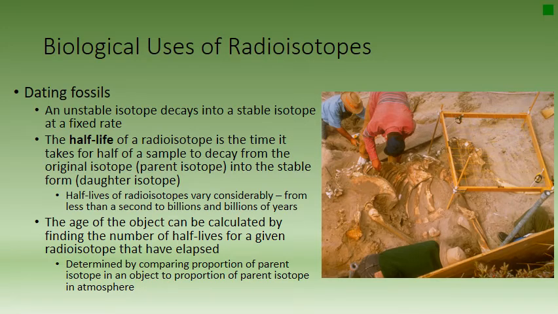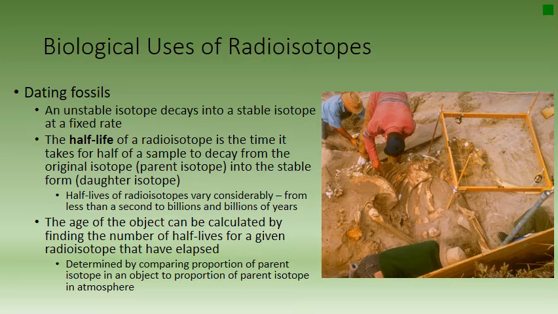What's the importance of isotopes in biology? Well, there are two biologically important uses of radioisotopes. The first is in dating fossil materials. An unstable isotope decays into a stable isotope of another element at a fixed rate.